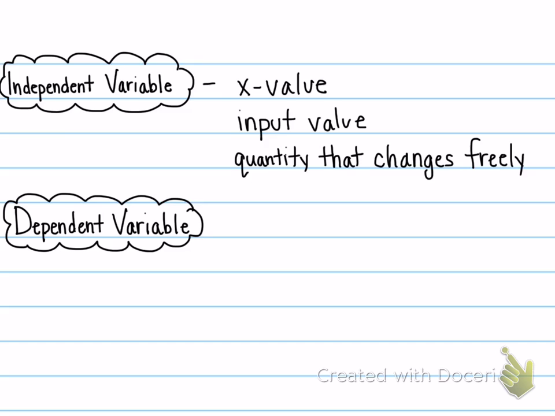So again, the dependent variable is going to be your y value. It's going to be your output value, what you get from plugging in the first number. It is dependent on the independent variable.